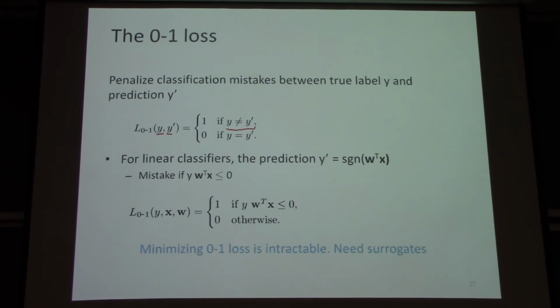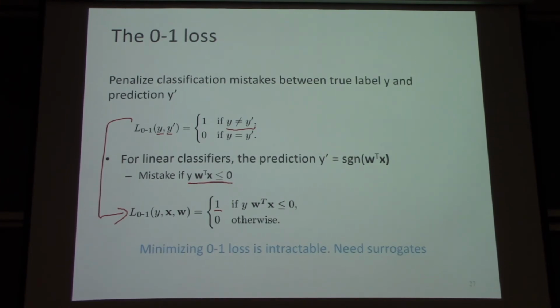It turns out, for linear classifiers, you can write mistakes as y W transpose x being less than 0. So I can rewrite the same thing for linear classifiers as you lose 1 point if y W transpose x is less than or equal to 0. Otherwise, you lose 0 points.